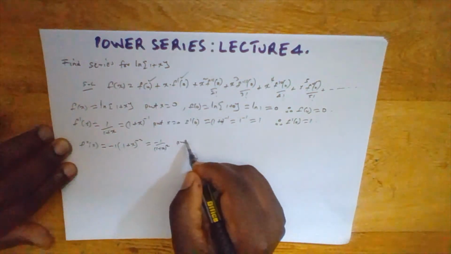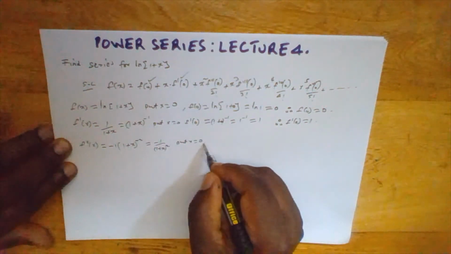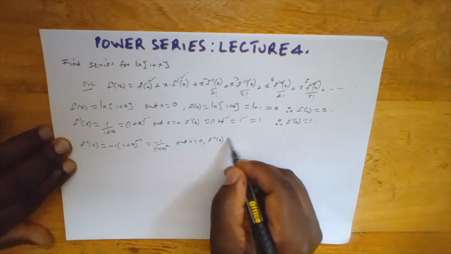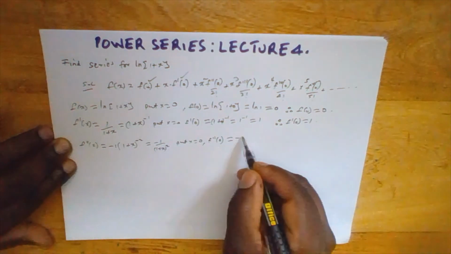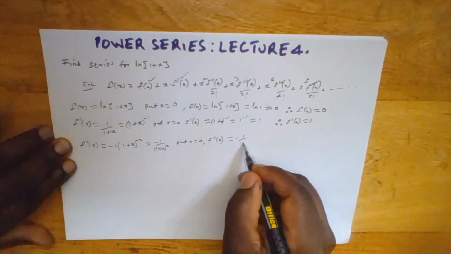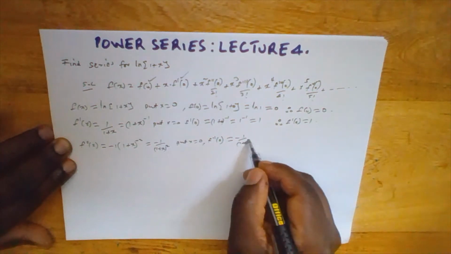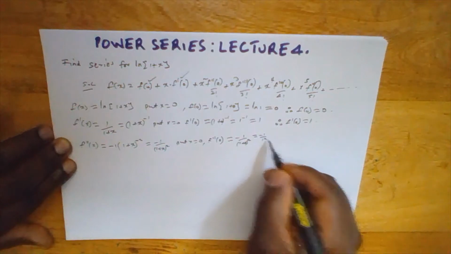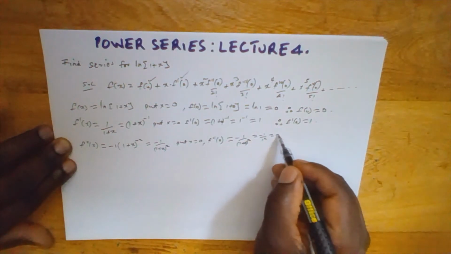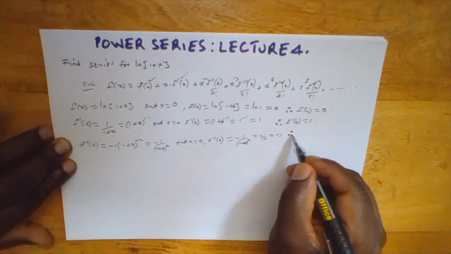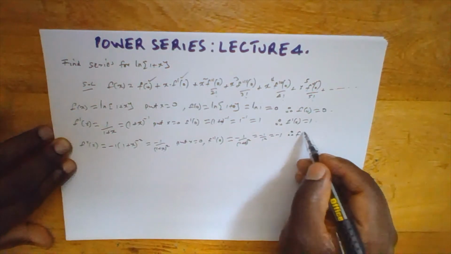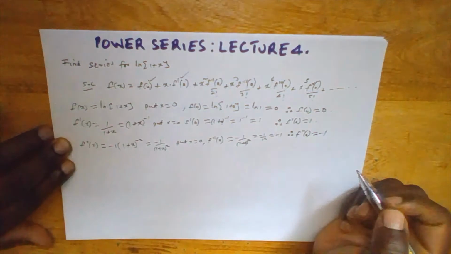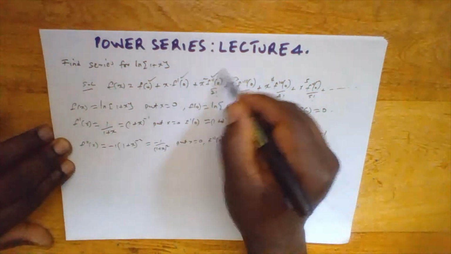Then we put x equals 0. Therefore our f double prime of 0 is negative 1 all over 1 plus 0 squared, which equals negative 1 all over 1 squared, which equals negative 1. Therefore our f double prime of 0 equals negative 1.